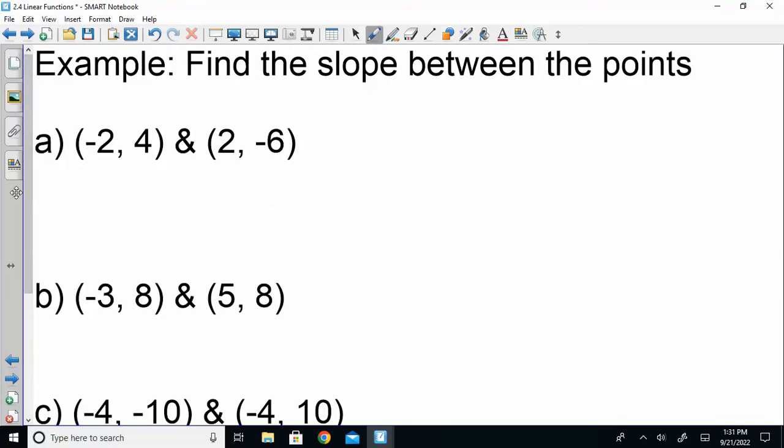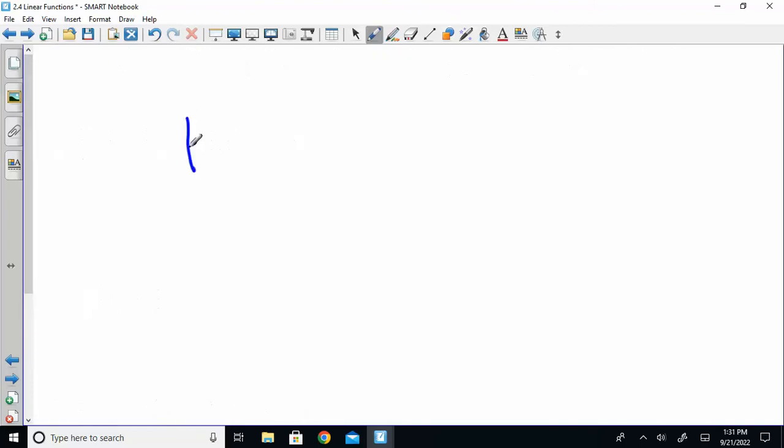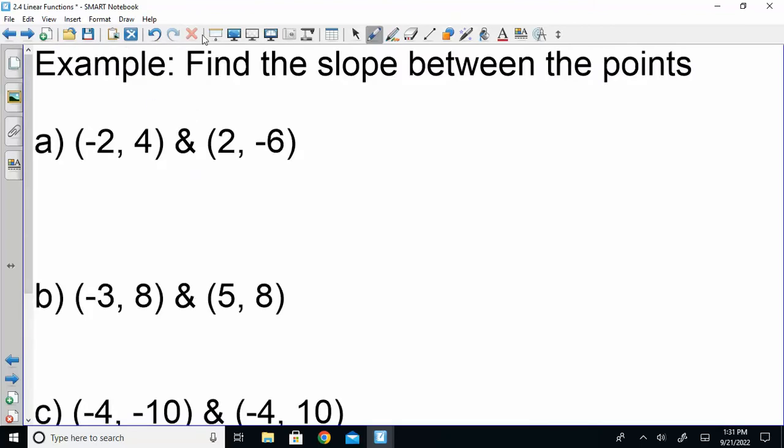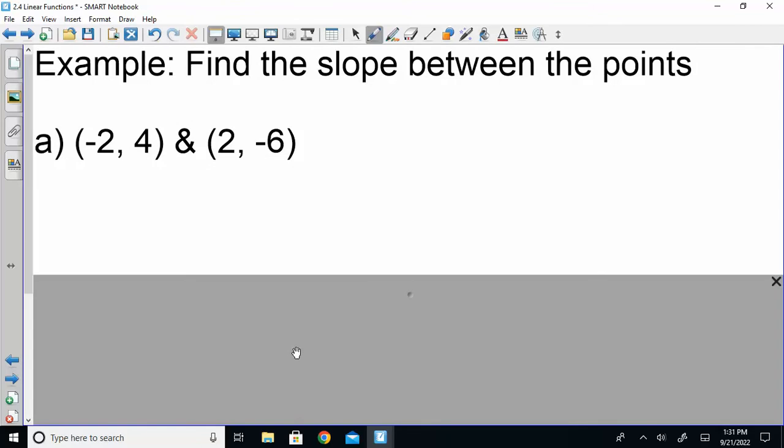Let's practice if I give you 2 points and ask you to find the slope between them. So the formula is y sub 2 minus y sub 1 over x sub 2 minus x sub 1. So this is my x1 and my y1.